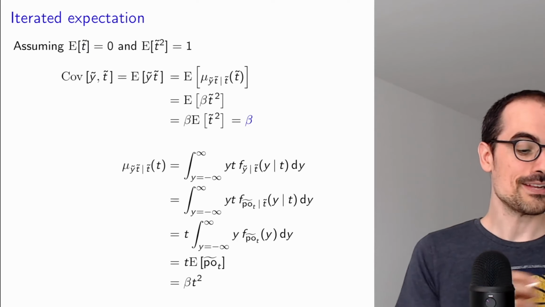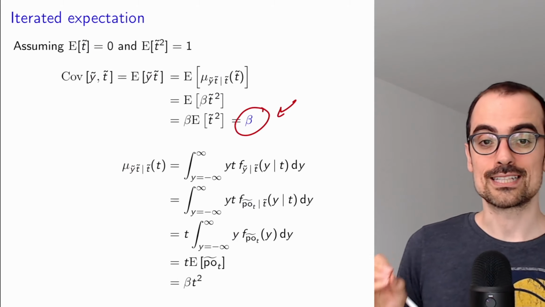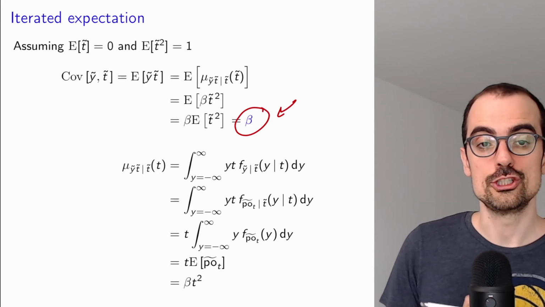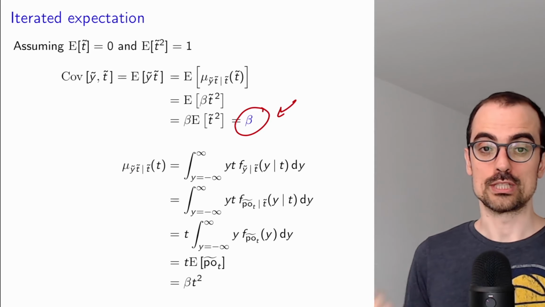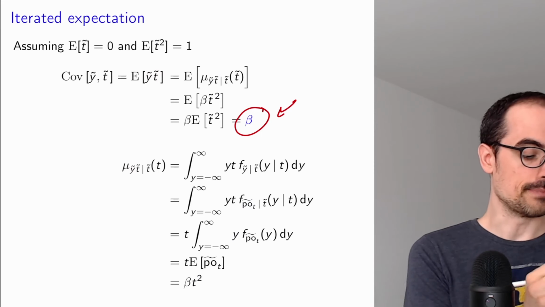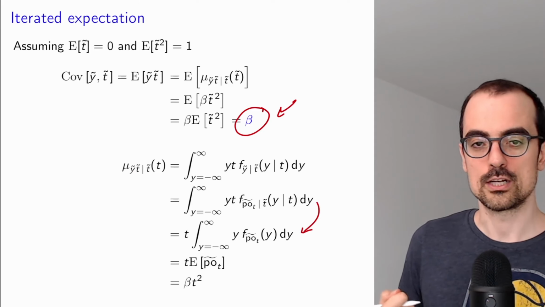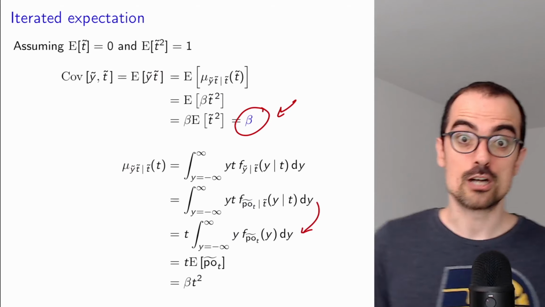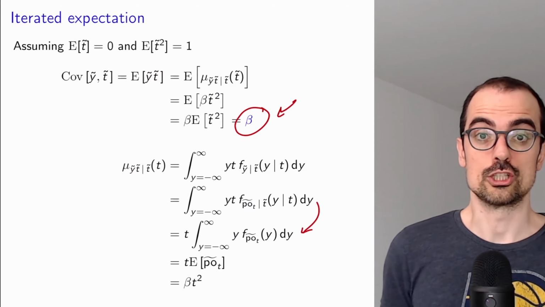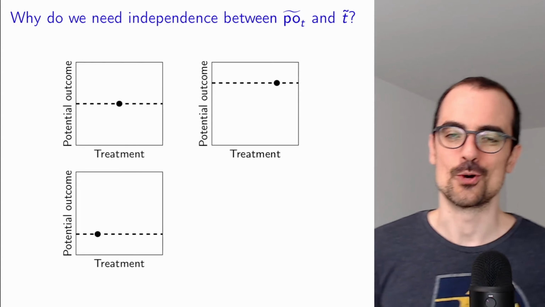So the covariance is equal to this coefficient that exactly characterizes the causal relationship between the treatment and the potential outcome. But this only works if we have independence. If we can do this step here where we're replacing the conditional density by the marginal density of the potential outcome. So why is independence so important?